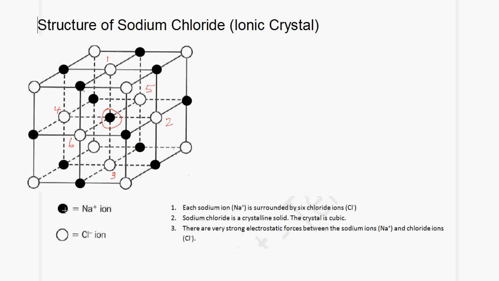Right? The dark circles represent the sodium ion, and the white ones represent the chloride ions. Sodium chloride is a crystalline solid, and the crystal is cubic. There are very strong electrostatic forces between the sodium ions and the chloride ions.